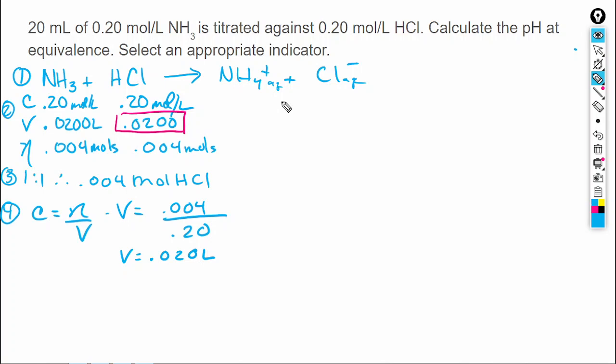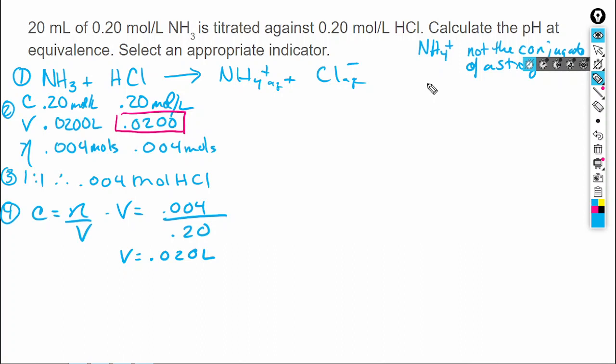Okay. So when we look at NH4+, is that the conjugate of a strong acid? Sorry, of a strong base? So will it affect pH? Yes.